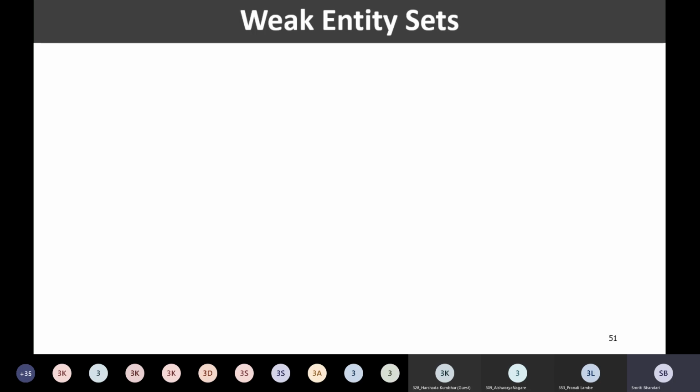In the last session, we saw one example demonstrating a weak entity set, and we also defined what is meant by a weak entity set.